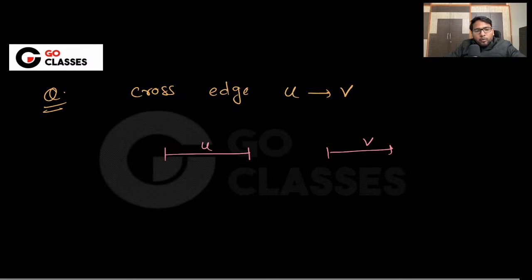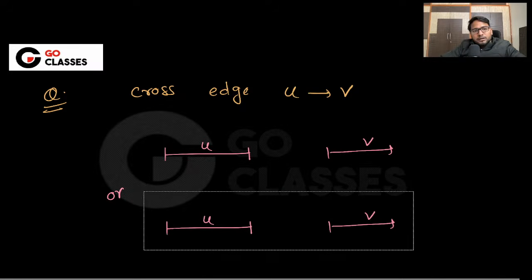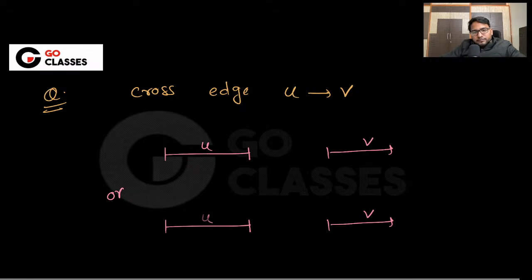or what is the other possibility? Either this will happen, or maybe if there is a cross edge, then this will happen.